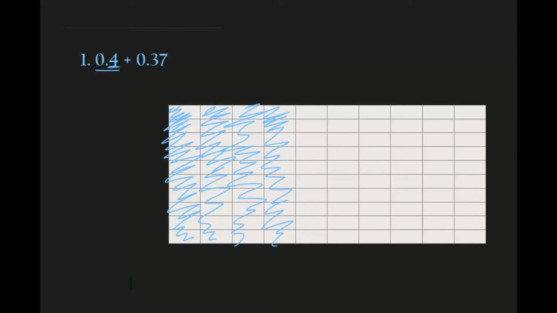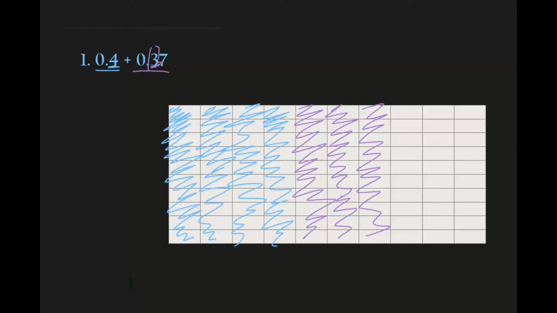Now we have 0.37. I'm going to use purple for this. We know that we have 3 in the tenths place, right here. So that means we're going to color 3 of the tenths, so 3 full columns: 1, 2, and 3.